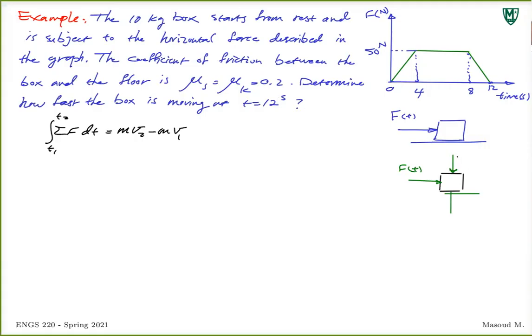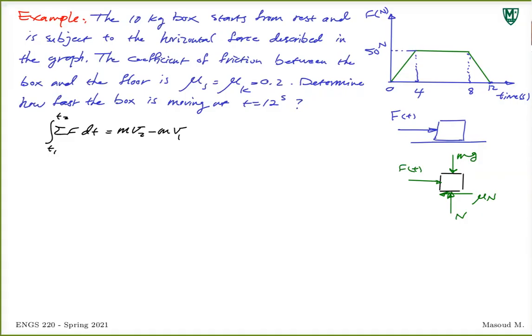That's mg, that's N, and since the motion is in this direction, this is f. Let's write it as mu N. Now, I have to find the summation of forces. So I have my friction, the external applied force, the weight, and the normal force.